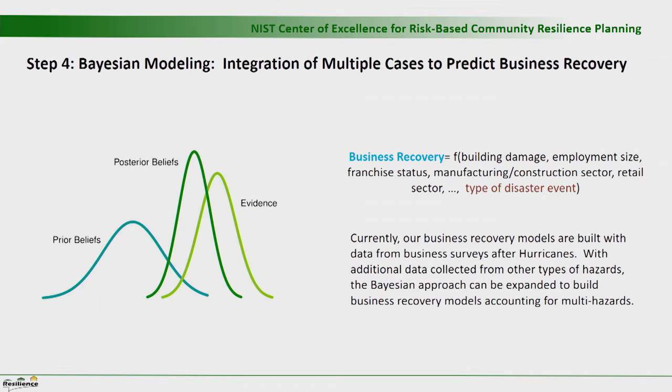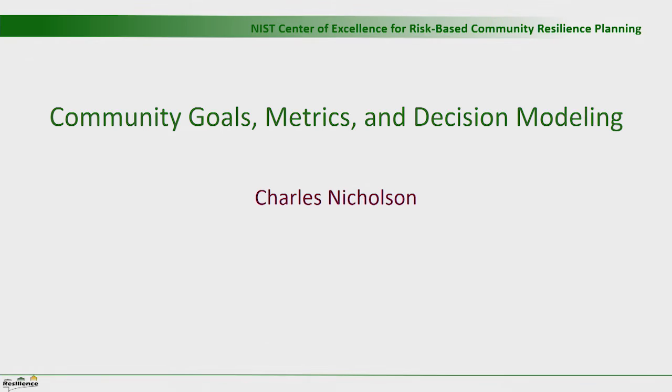And with this Bayesian approach, they have been able to update, calibrate, and improve their disaster recovery models. Maria Watson is here. If anybody had any questions about details of these business recovery models, I'm sure she'll be able to give us more details. With that, I am going to pass the ball to Charles Nicholson from Oklahoma University.